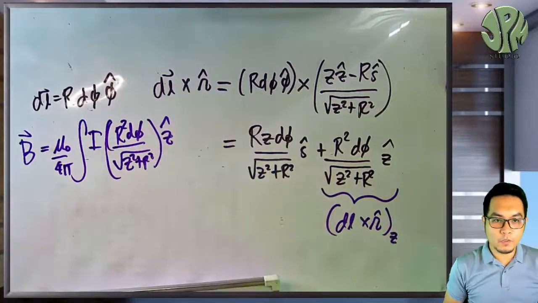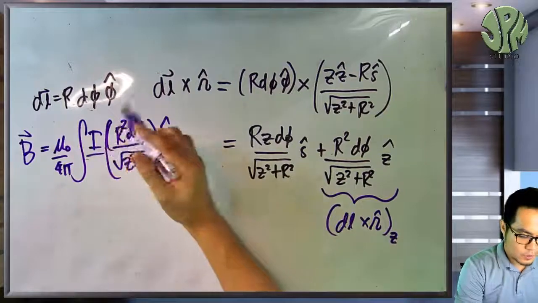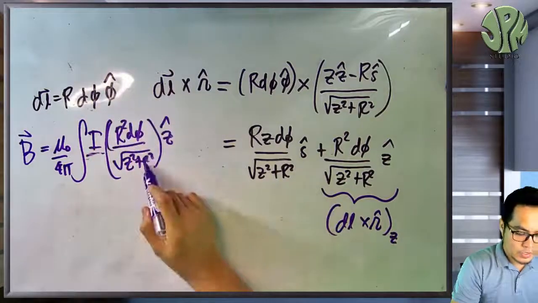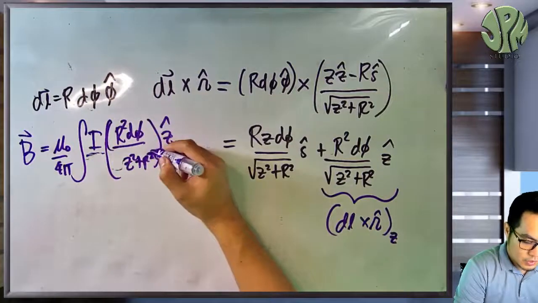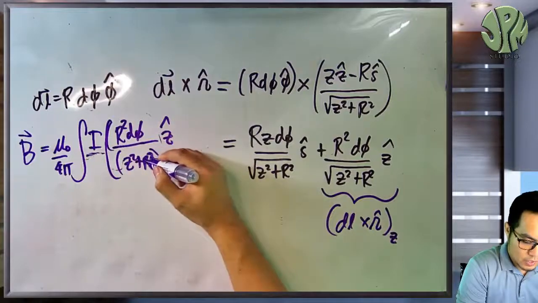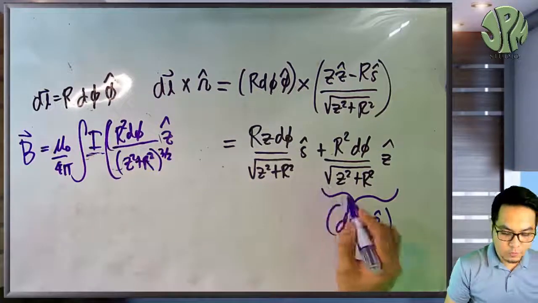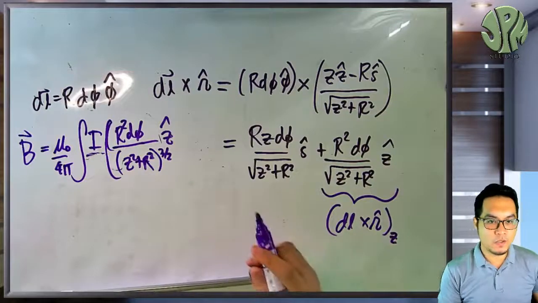So that's the z component of dl cross r hat over r squared. So r squared is just this one. I'm just going to lump them into one: z squared plus R squared to the 3 halves.